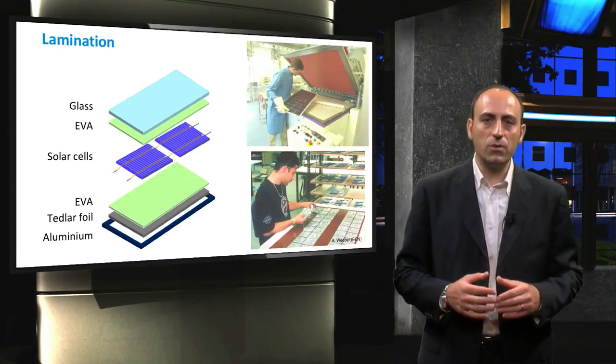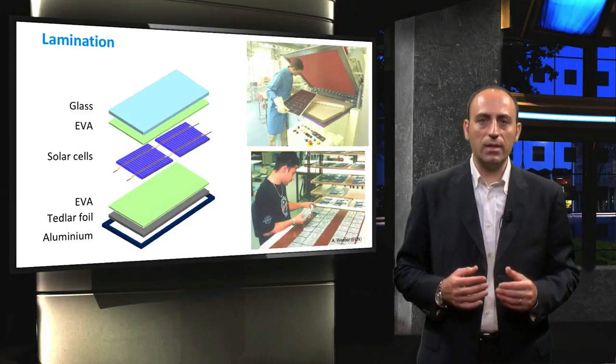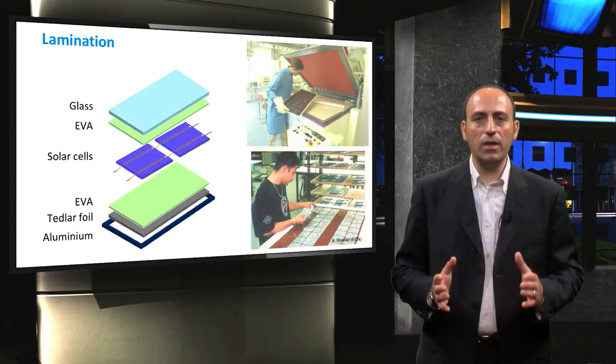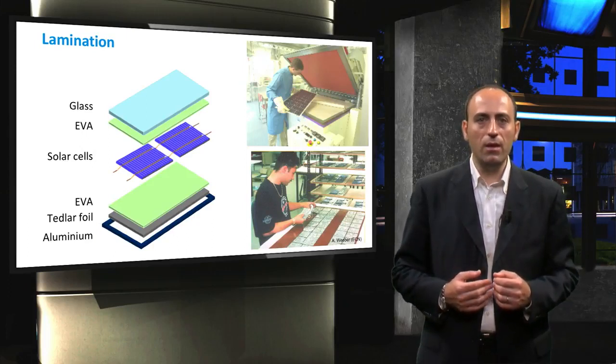The whole stack, consisting of front glass, encapsulant, interconnected solar cells and back layer, is brought together into the laminator, which is heated above the melting point of EVA, which is around 120 degrees centigrade. This process is performed in vacuum in order to ensure that air, moisture and other gases are removed from within the module stack.